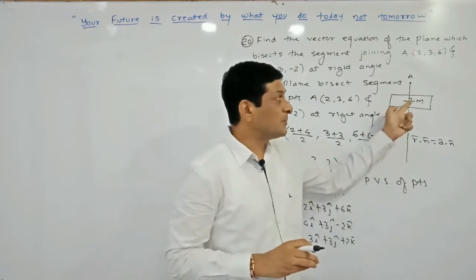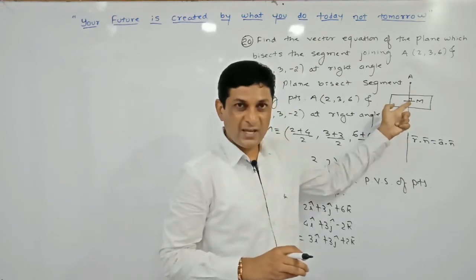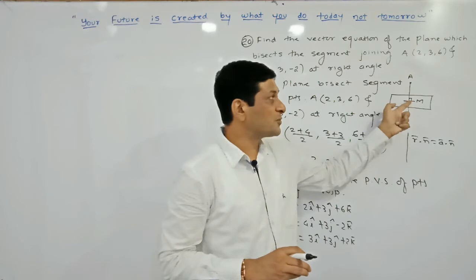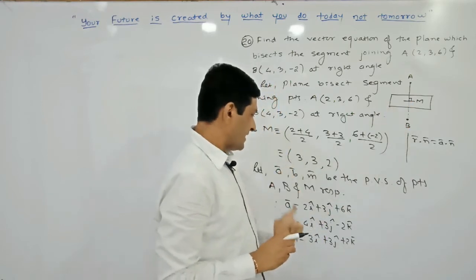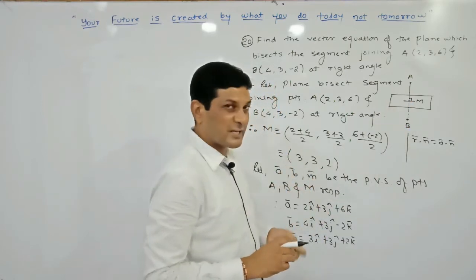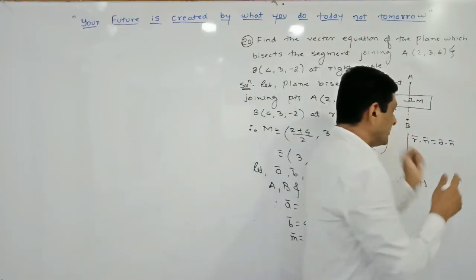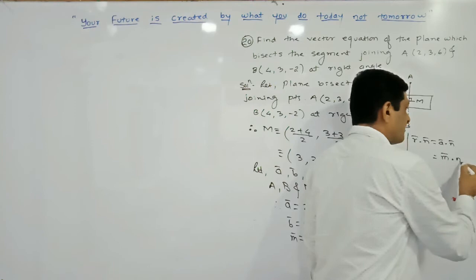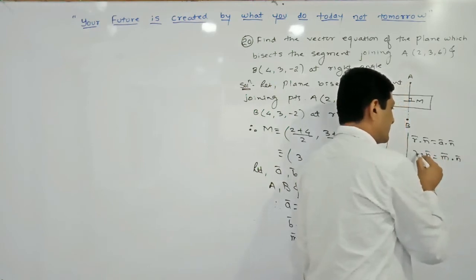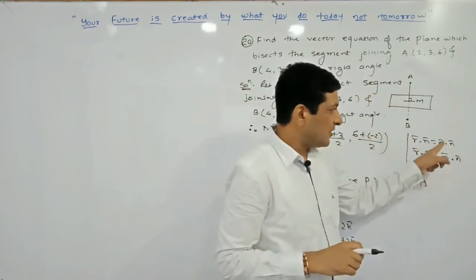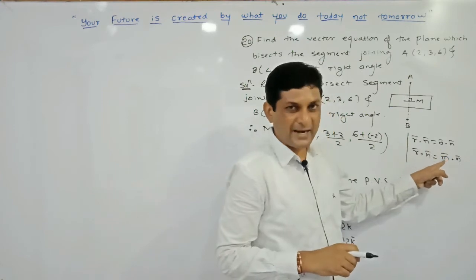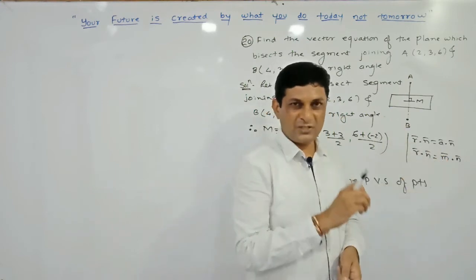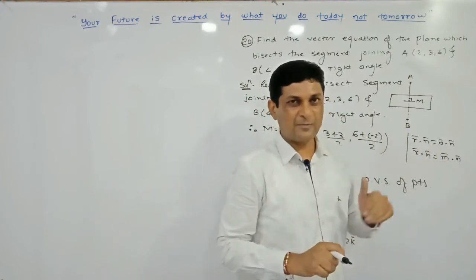The point on the plane is M, so A bar gets replaced by M bar, the position vector of point M. N bar we keep as it is.